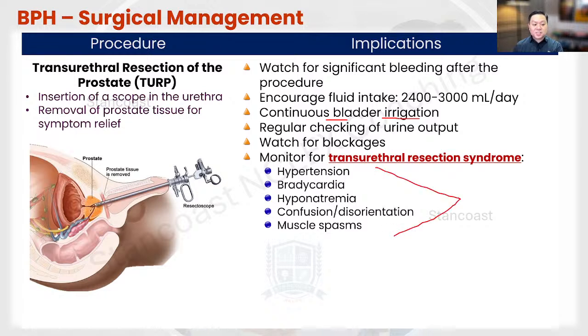This is caused by the significant crossing of the irrigant into their system, causing hyponatremia. So these are possible signs of hyponatremia.